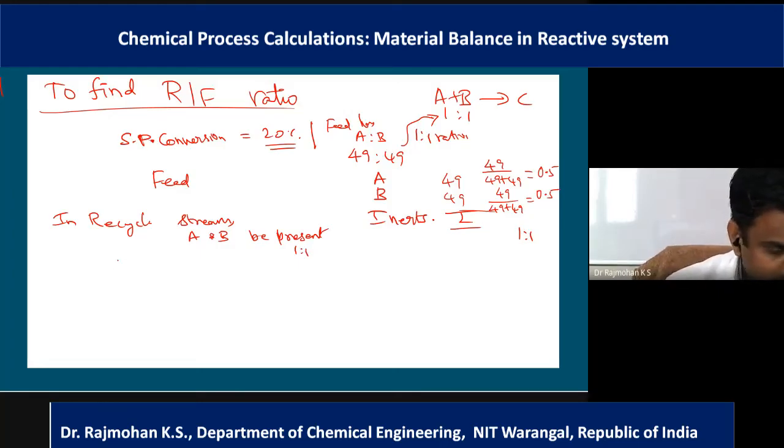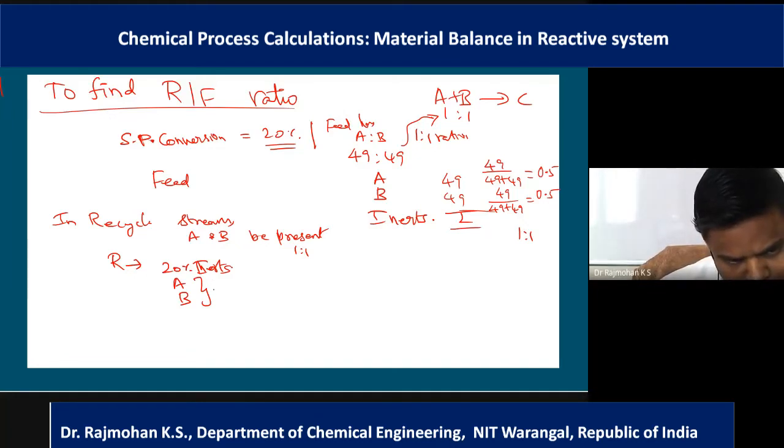But the data given is that R contains 20% inerts. So what does that mean? A and B together are 80%, and the ratio is 1:1.